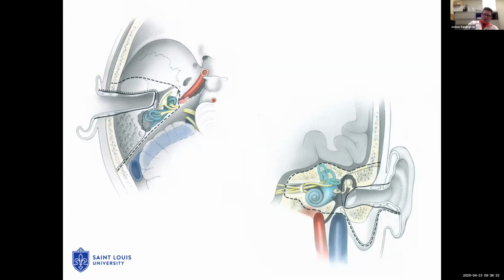The key with that is that it also allows you to get the facial nerve out. So if there's anything at the stylomastoid foramen, you can get a negative margin and take the nerve as far up as you need within the middle ear. That basically gets you to the horizontal segment of the facial nerve, which then you can work on.